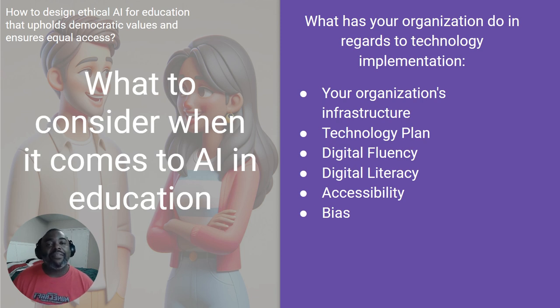And also, we have to think about bias. That has been a huge topic when it comes to AI. What does that look like? How is that applied to adult educators all the way down to students? All of these 1, 2, 3, 4, 5, 6 bulleted items should be up for discussion before you have a discussion with AI in the classroom. And that goes with all technology tools.